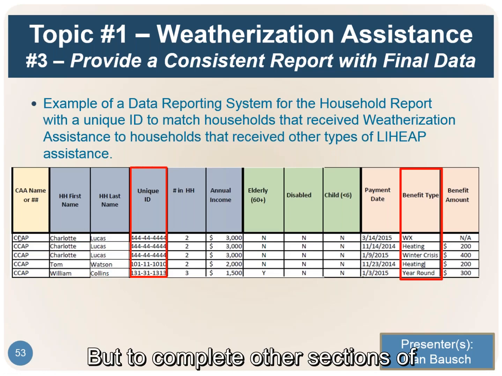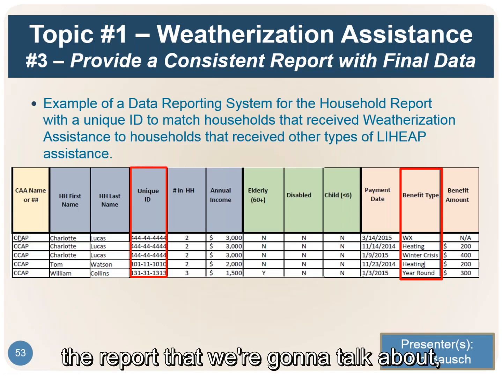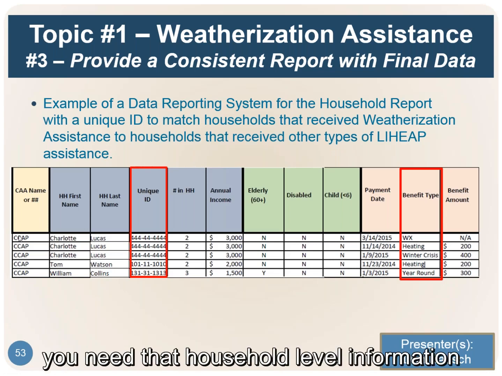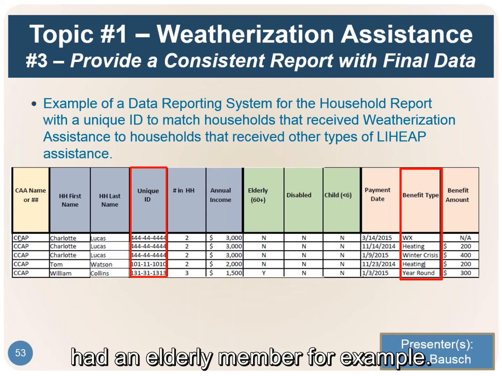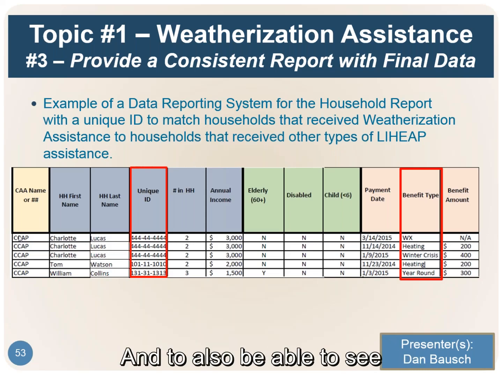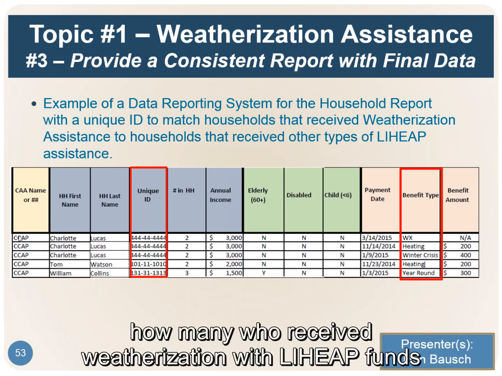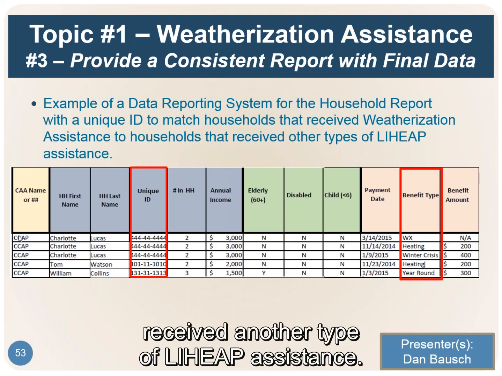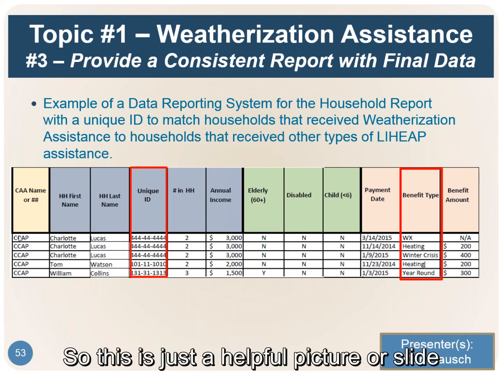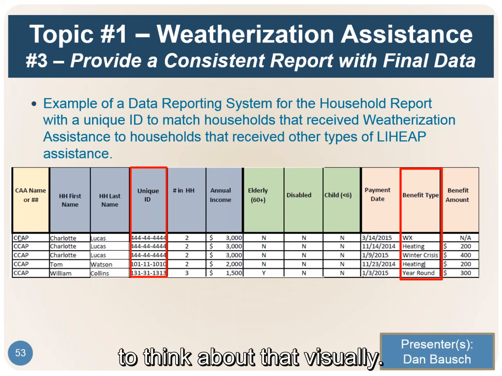But to complete other sections of the report that we're going to talk about, you need that household level information to be able to identify how many of the households that received weatherization had an elderly member, for example, and to also be able to see how many who received weatherization with LIHEAP funds received another type of LIHEAP assistance. So this is just a helpful picture or slide to think about that visually.